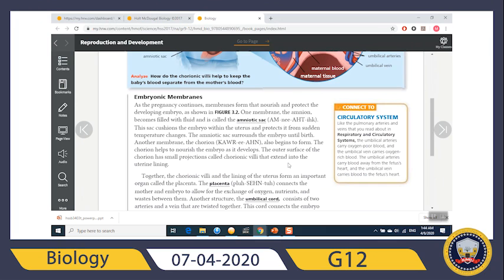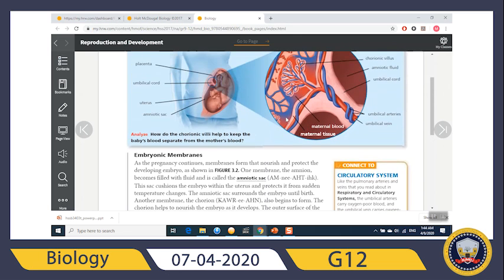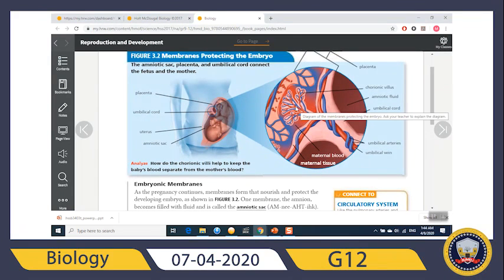Now, the chorionic villi and the lining of the uterus will form something called the placenta.